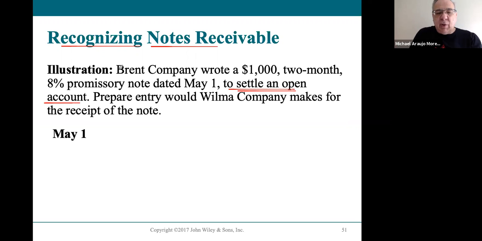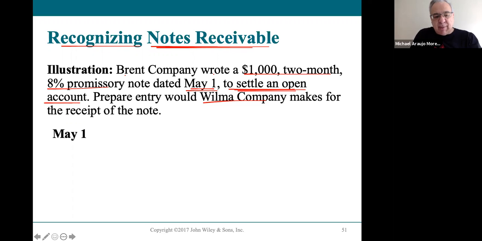Okay. So here we have Brent Company wrote a $1,000 2-month 8% note dated May the 1st, okay, to settle the open account. They owe Wilma Company. So what's going to happen on May 1st? Well, they're using a note to pay off their account.